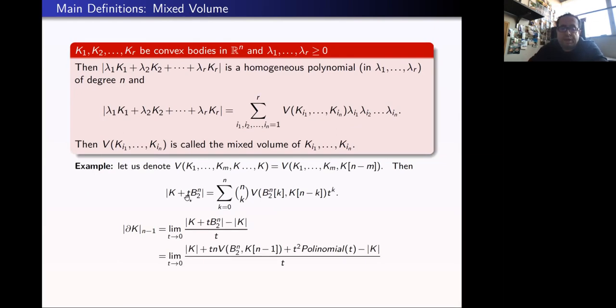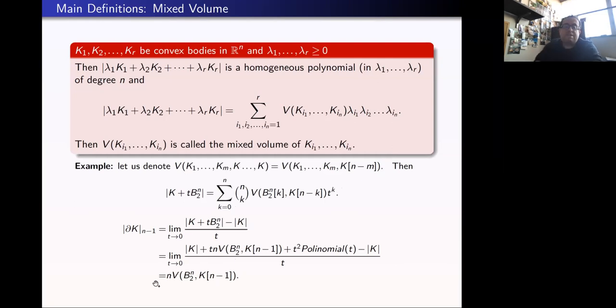If you open (K plus T B) to the n using our summation formula with mixed volume, the volume of K perfectly cancels, T perfectly cancels, and you have n times the mixed volume where K is taken n minus 1 times, plus T times some other parts of this polynomial which cancel out.